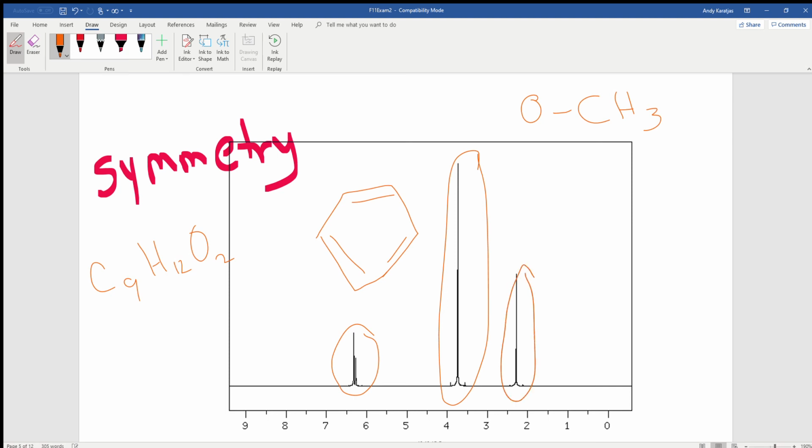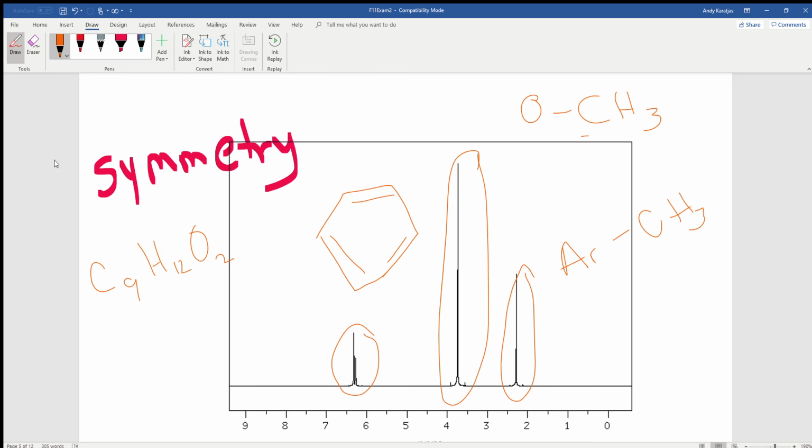This peak, just above 2 ppm, is characteristic of an aromatic ring attached to most likely a methyl group, again because there's no splitting. Now, if we look at our aromatic ring, that's 6 carbons.